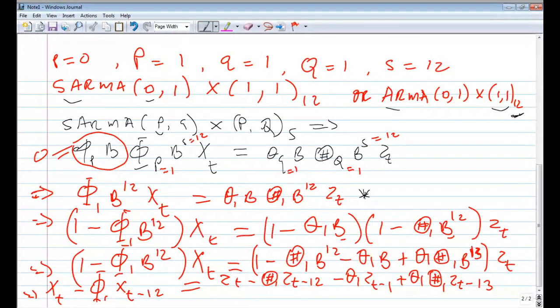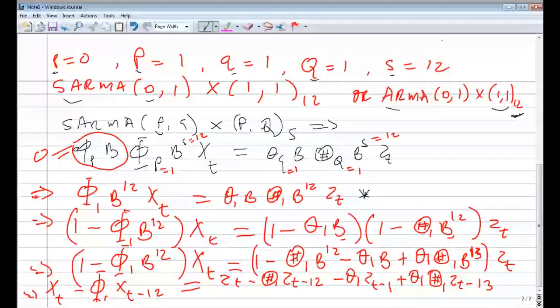So it will take me to the beginning, because if I start from the middle, you won't understand. So let me start from the beginning. I'm giving you a scenario, just an example, where we have capital letter P equal to 0, capital letter P equal to 1, small letter q equal to 1, capital letter Q equal to 1, and our S equal to 12.